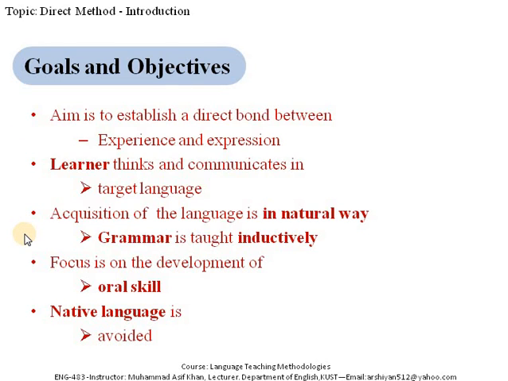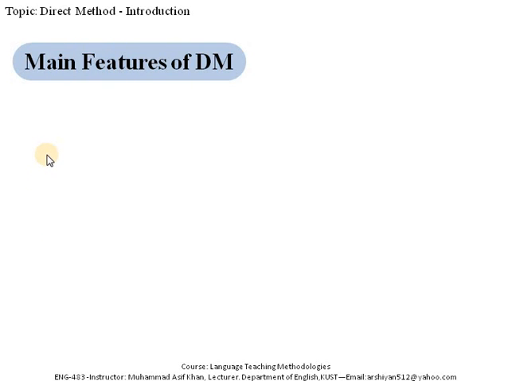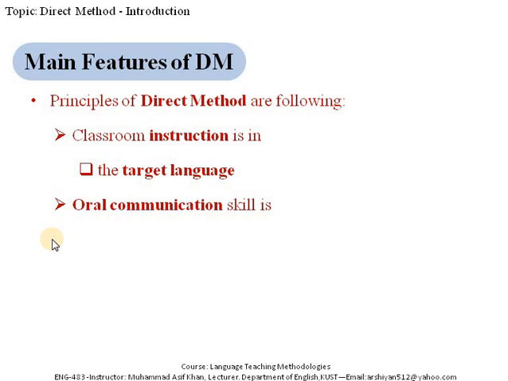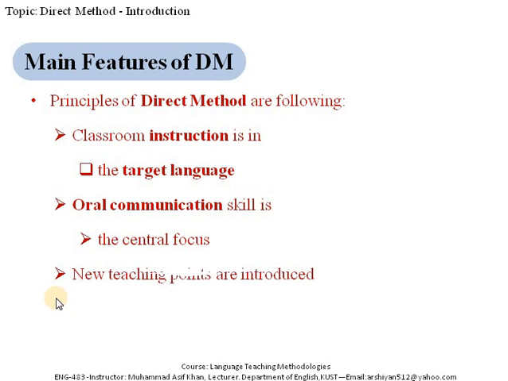The main features of direct method are that classroom instructions are conducted exclusively in the target language, and they are trying to build up the oral skills of the learner, and the grammar is taught inductively, and all of the new teaching points are introduced orally. So the basic focus is on the oral skill, and all other skills are taught through the medium of oral skill.